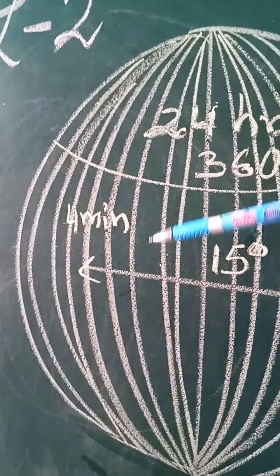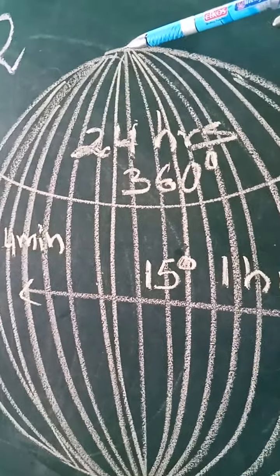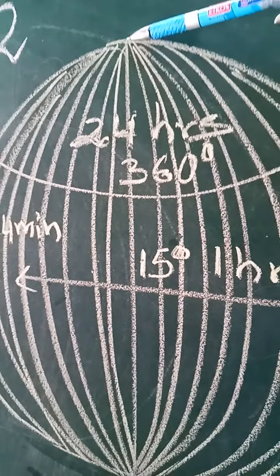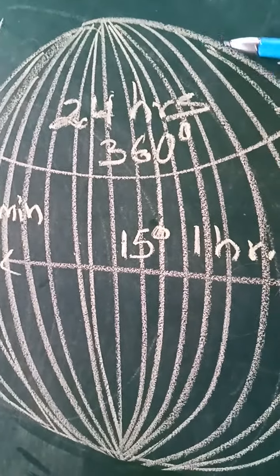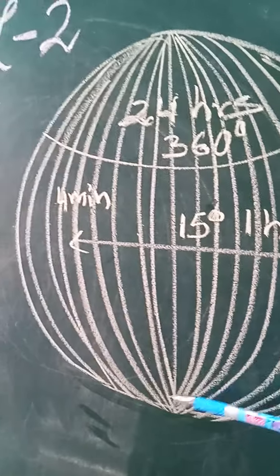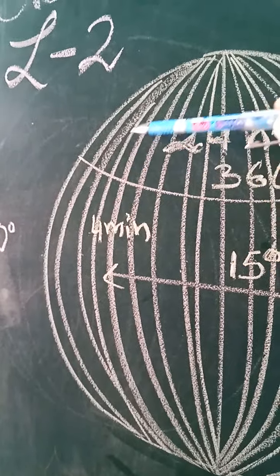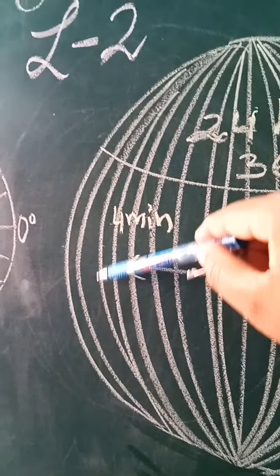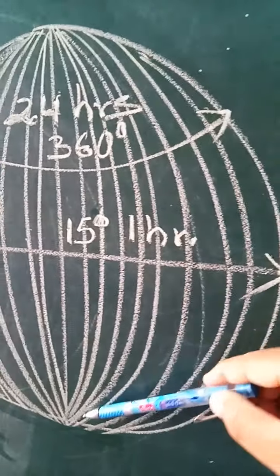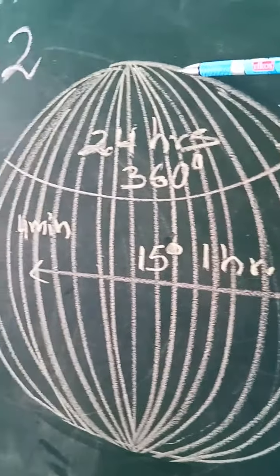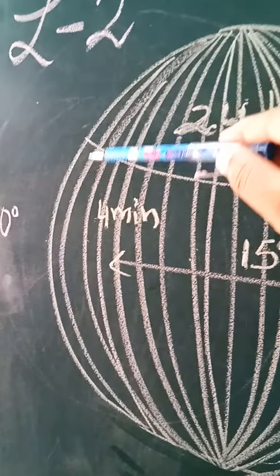So they are cutting this sphere called the globe or the earth into two equal halves from every side.